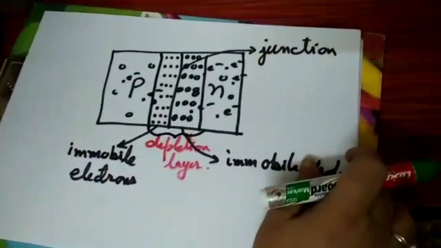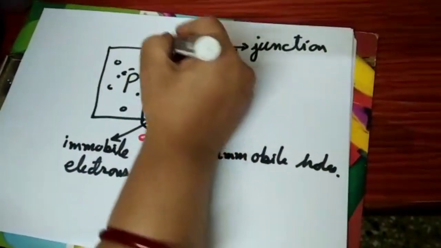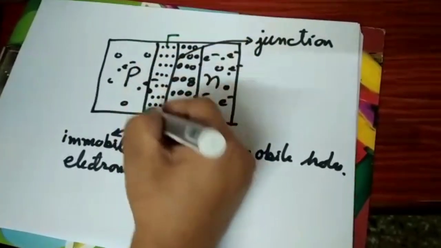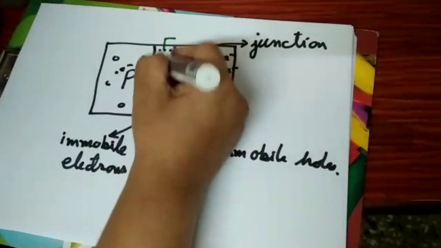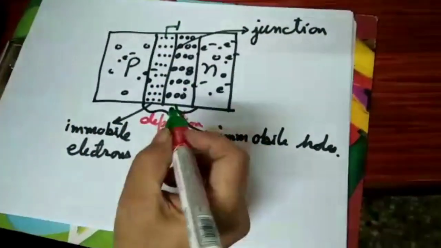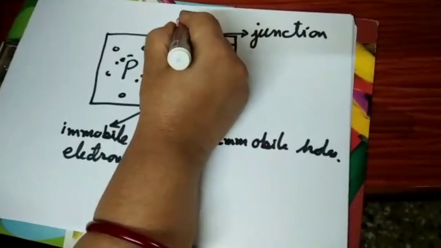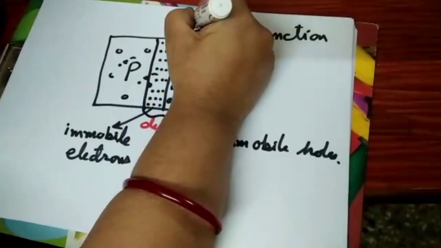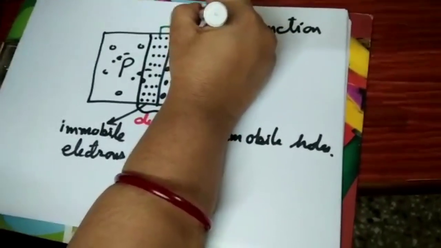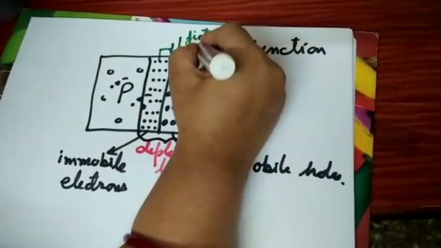Now, what is the basic reason here? The negative immobile electrons form a negative potential, and here a positive potential, and this imaginary one is called a fictitious battery.